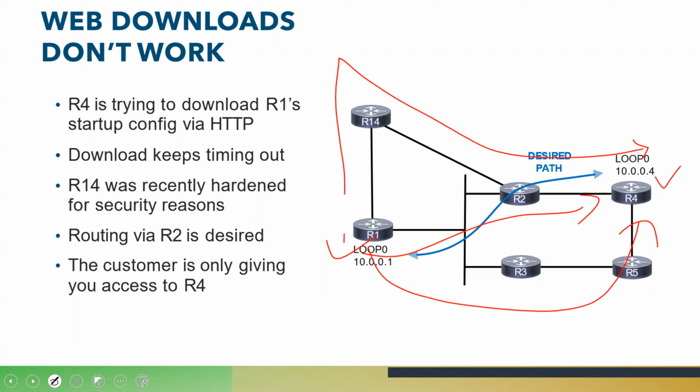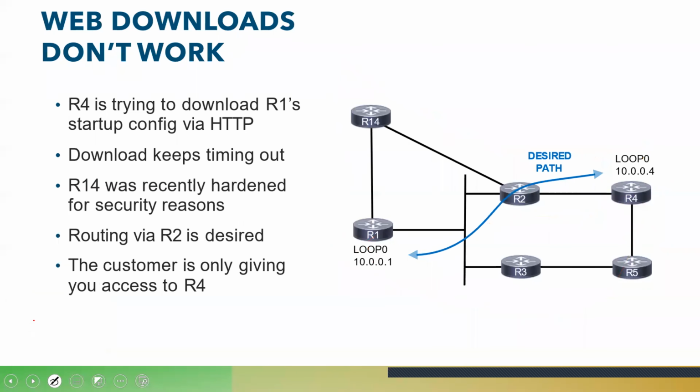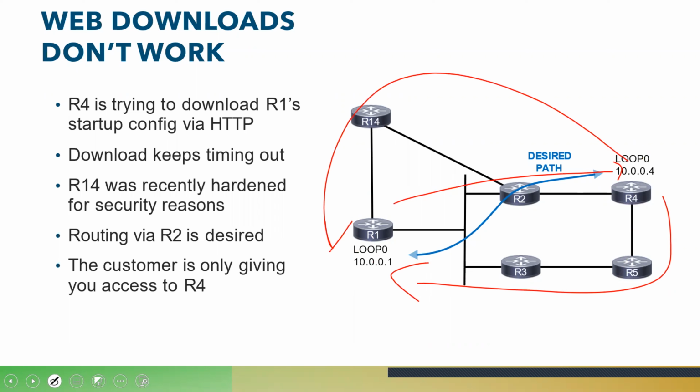The optimal, desired path is obviously via R1, R2, and R4. But due to some reason, we may be able to send the traffic from R1 to R2 to R4, while the return traffic is coming by this direction or some other direction that we need to figure out.